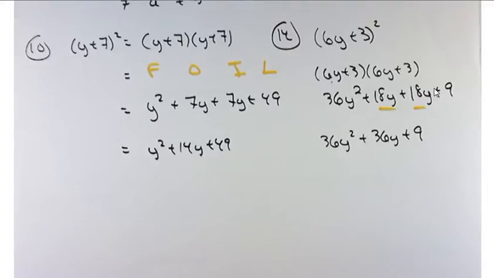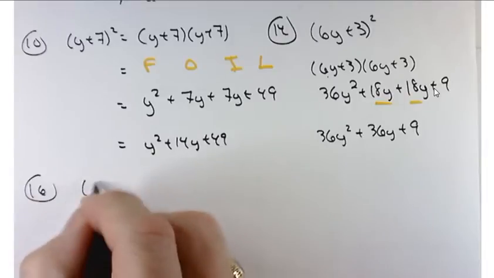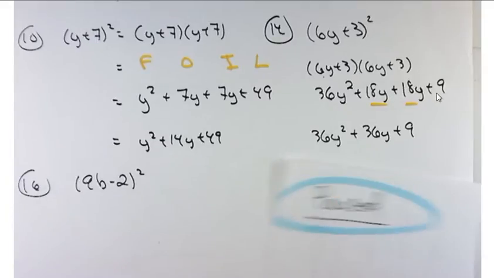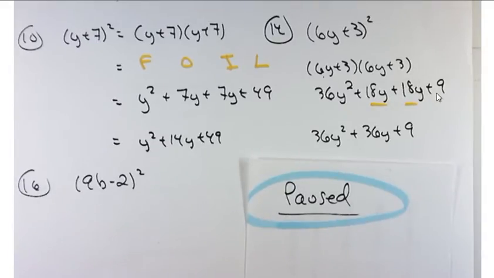Okay, let's have you try one. Problem number 16, 9b minus 2 squared. Give you a moment to work on that. Yes, it's a 9.